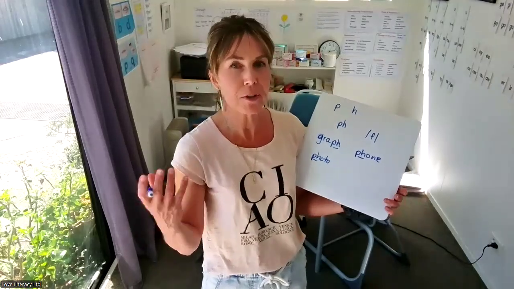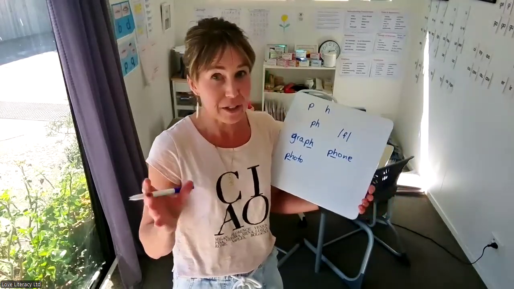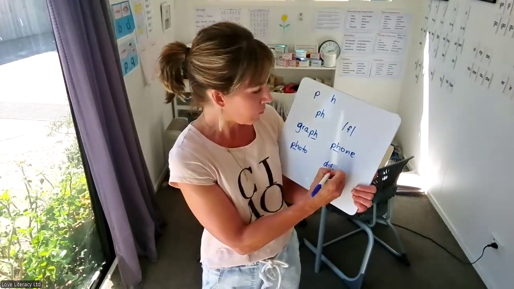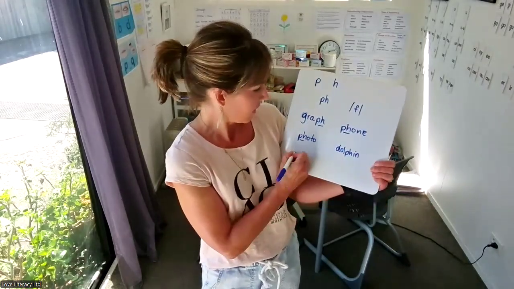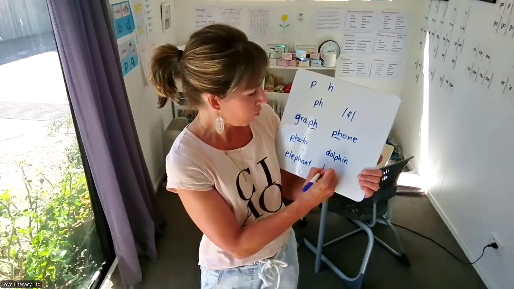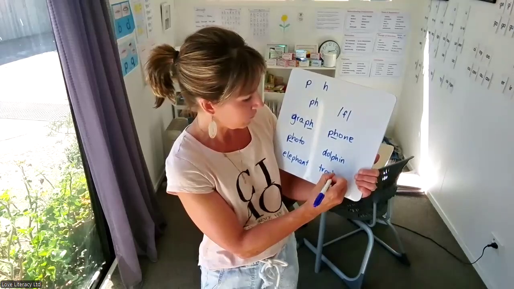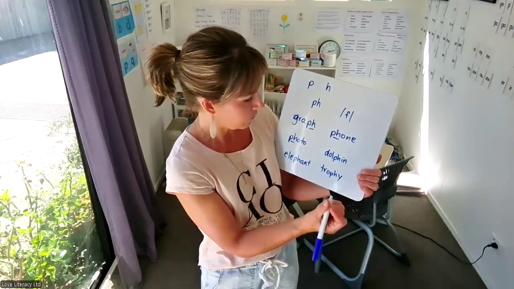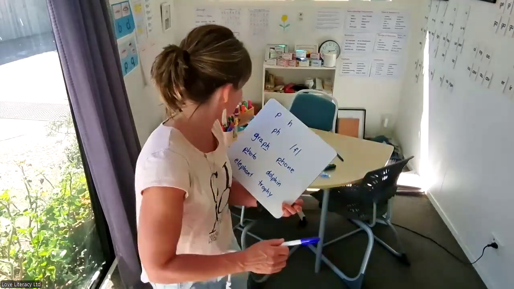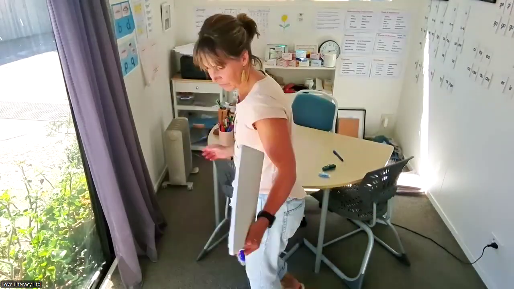Now, there are a couple of words where we've got the PH sitting in the middle, and they're quite common words as well. Dolphin, elephant, and trophy. And now I'm just thinking about that spelling. So just one second.